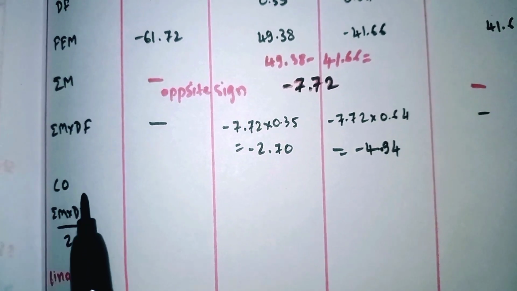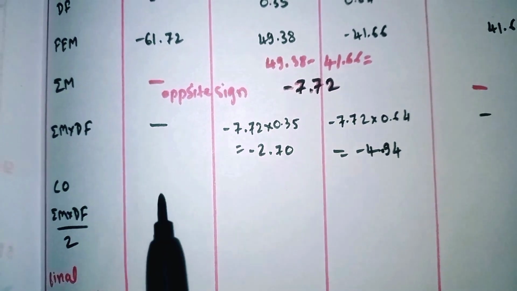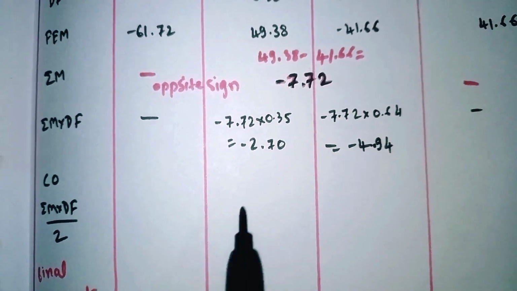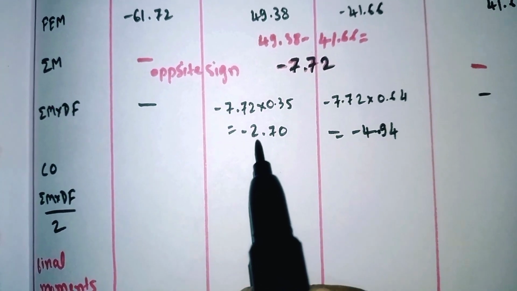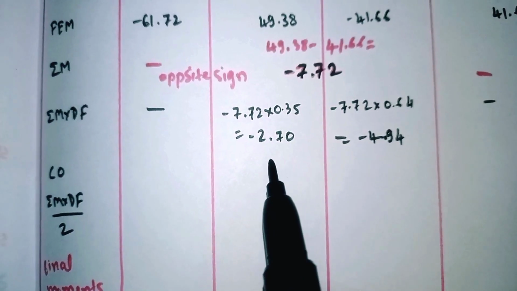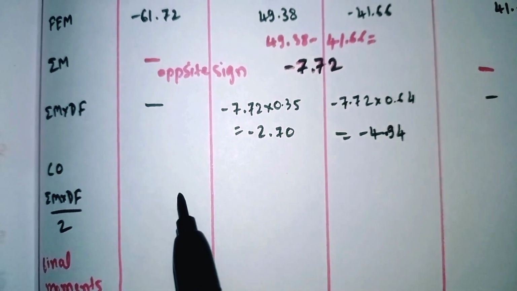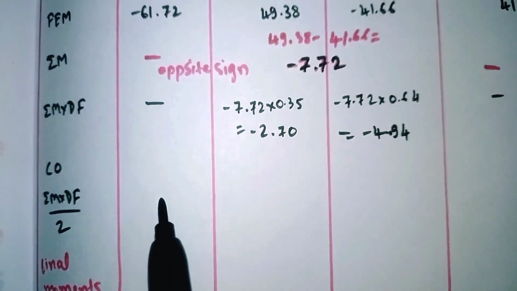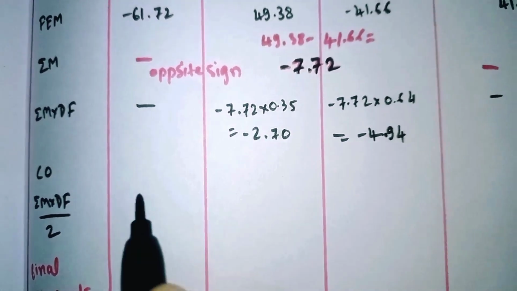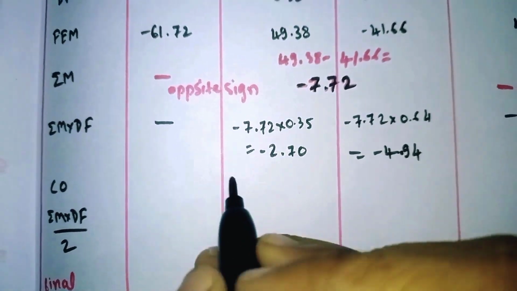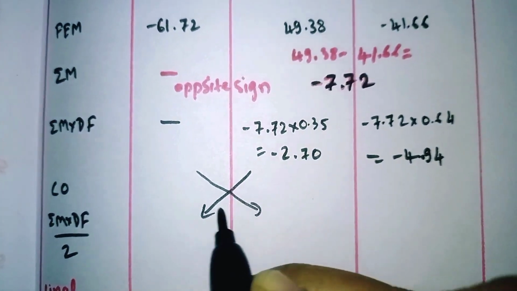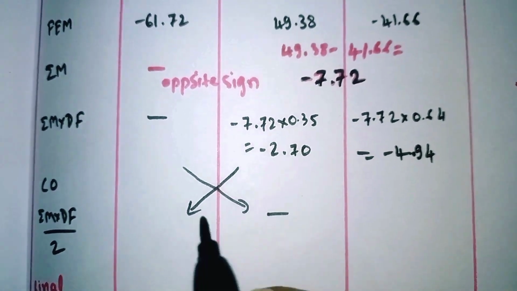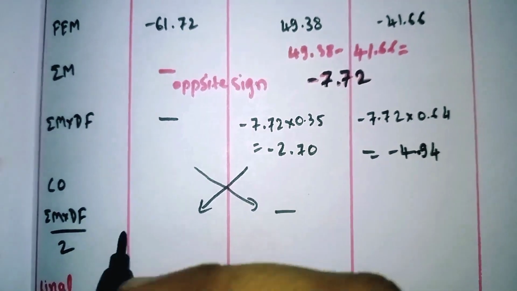So next step is to calculate the carryover. For this we have to take half of this, it means minus 2.70 divided by 2, and send it to the opposite side. For this value here there is nothing, so keep it as nothing.